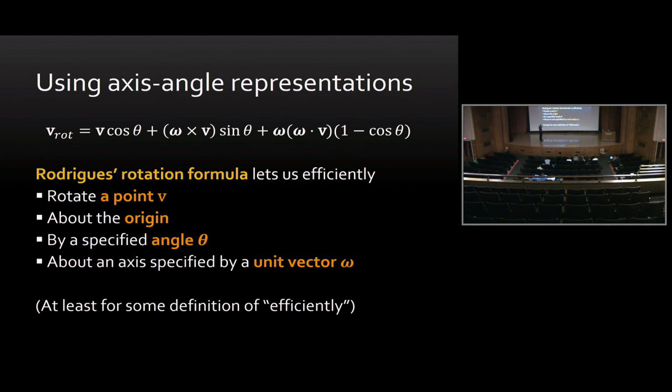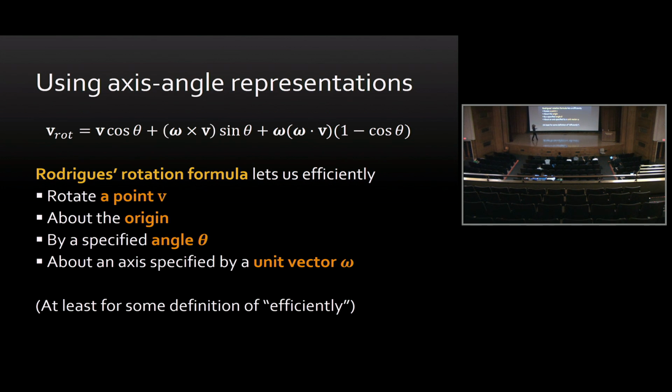You're saying if you're rotating v, there's going to be a component in the direction of v, and there's going to be a component perpendicular to v, and there's going to be a component that's perpendicular to both of those. And those components are going to be sines and cosines. And you beat your head against it long enough, and you come up with Rodriguez formula.